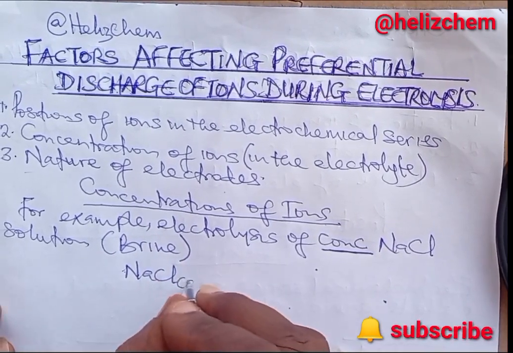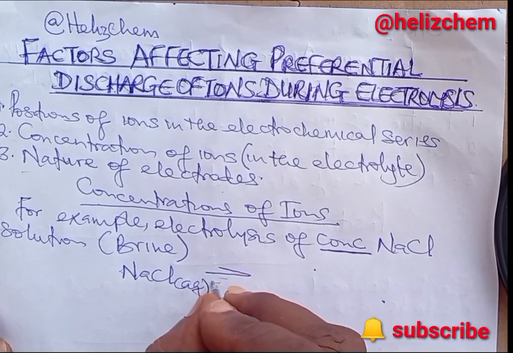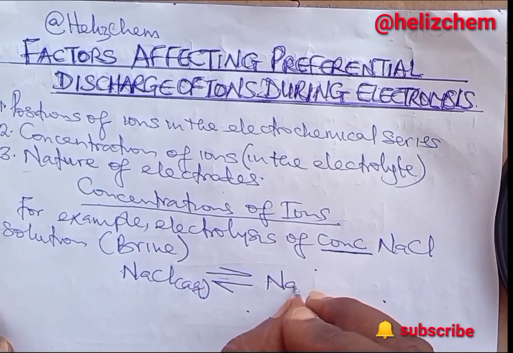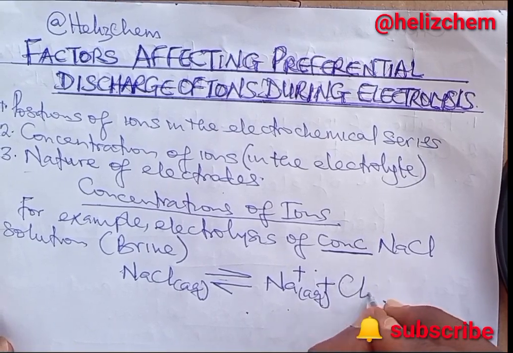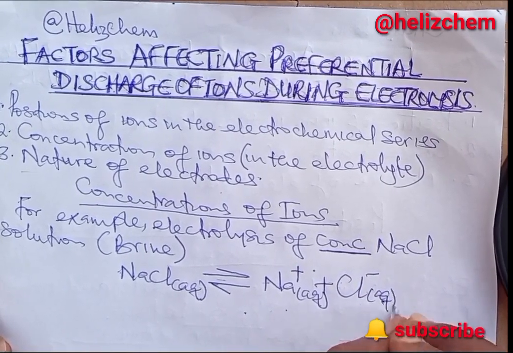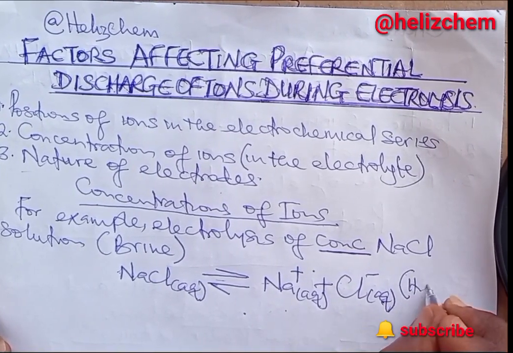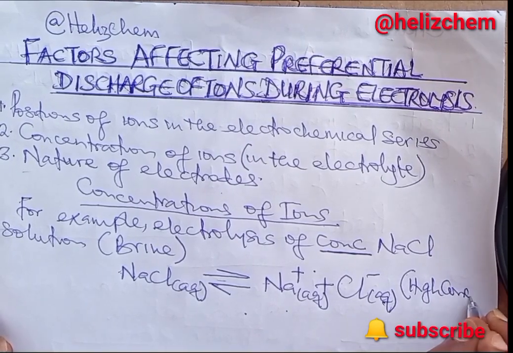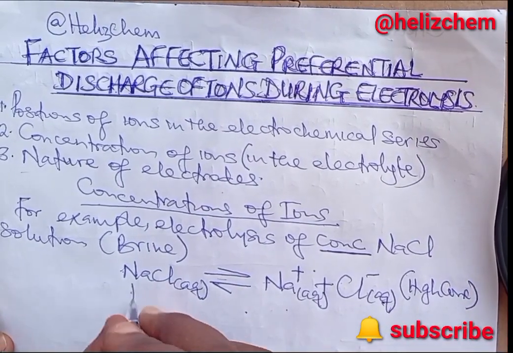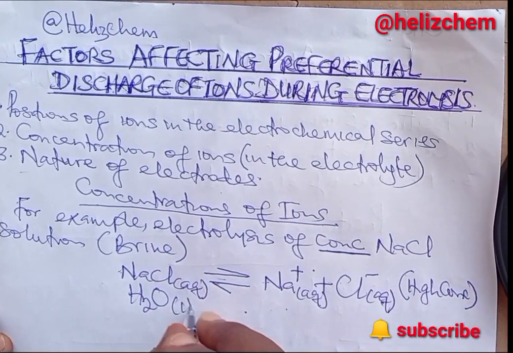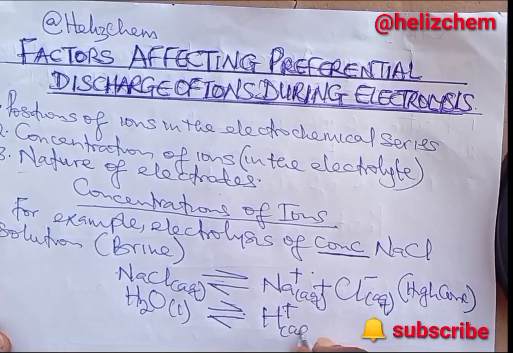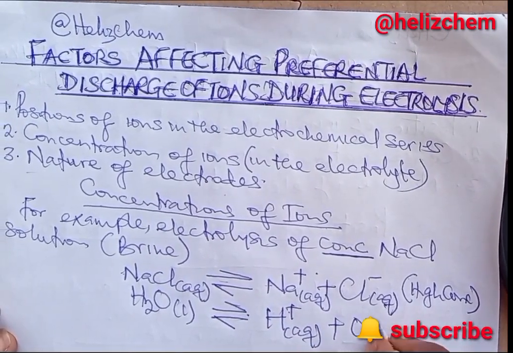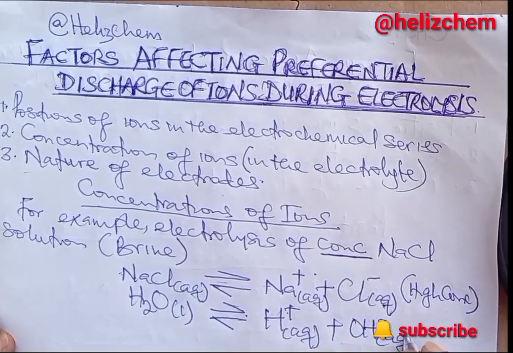From sodium chloride, aqueous, we have sodium ions, Na+ (aq), plus Cl- (aq). Don't forget, we said that this is of high concentration. And normally we have water in liquid form. This also will ionize to give H+ (aq) plus OH- (aq).